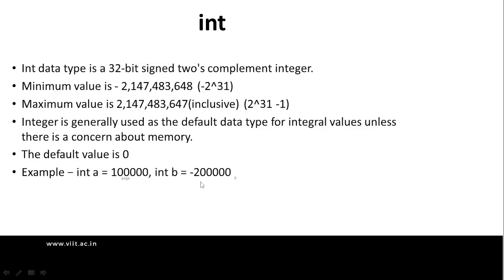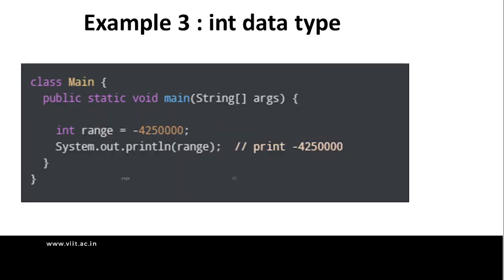So use integer for 2 lakh, 1 lakh, minus 3 lakh, like that. Total 10-digit positive and negative numbers can be stored with this range, so if I want to store a 6-digit number, short will not work.